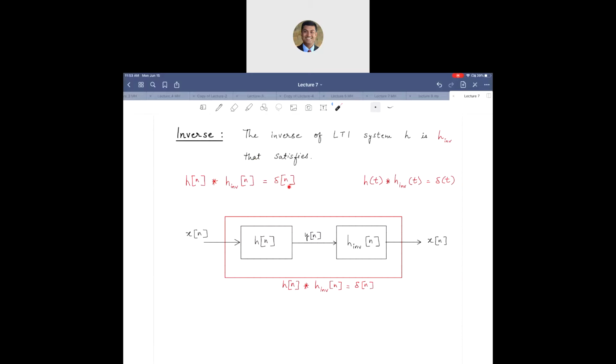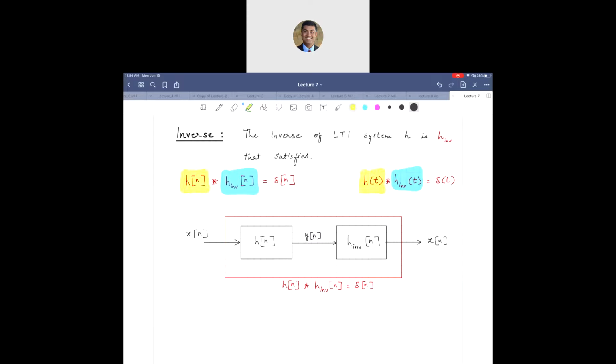If it does, then h inverse is the inverse of the system. For continuous time, this can be written as h of t convolved with h inverse of t should equal impulse. If it is, then you can say h subscript inv is the inverse of h of n or h of t.